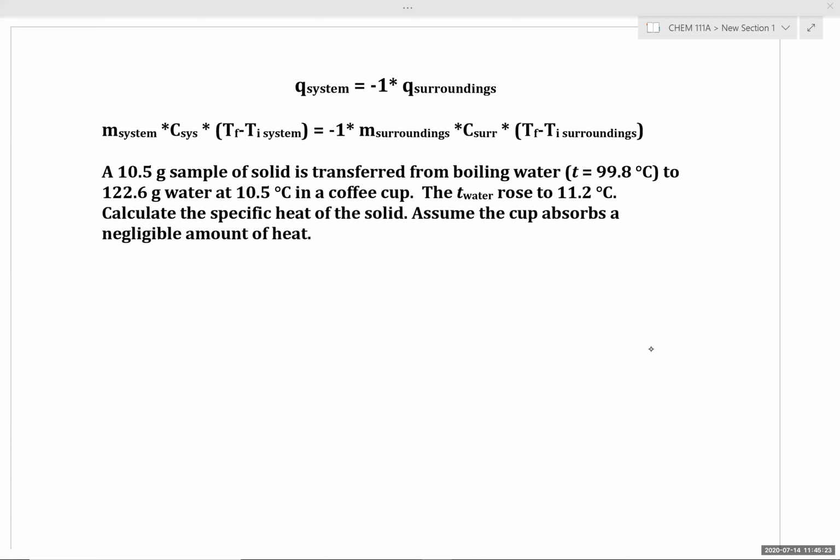And remember, just as we discussed earlier, the specific heat of water is 4.184 joule per gram degrees Celsius. So take a moment to revise your calculations, and we'll discuss this example in about another 2 minutes.